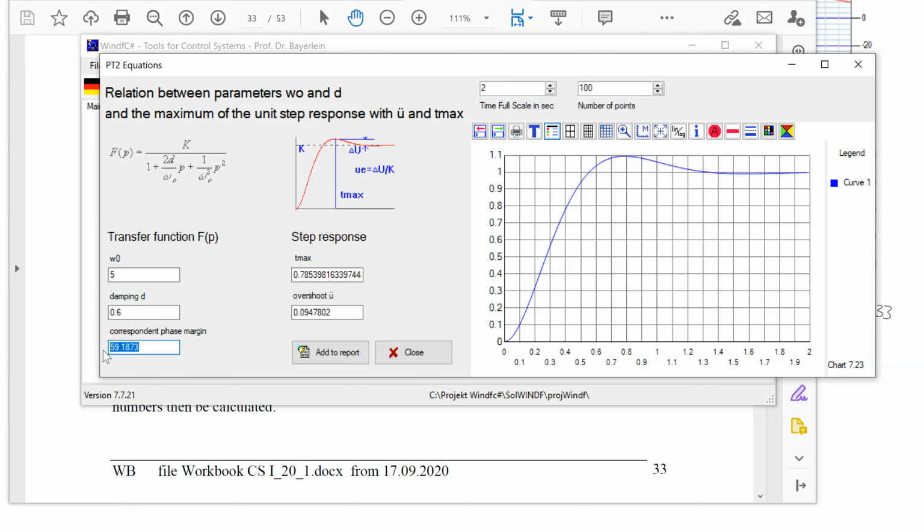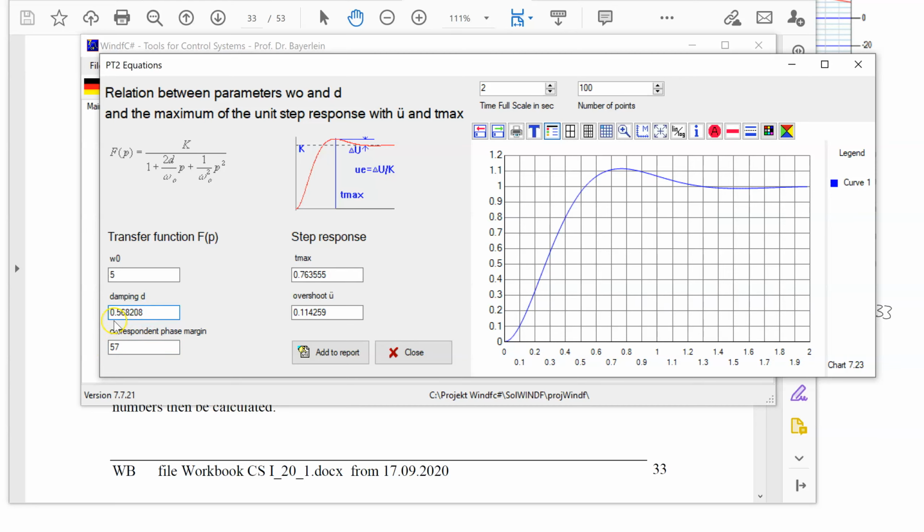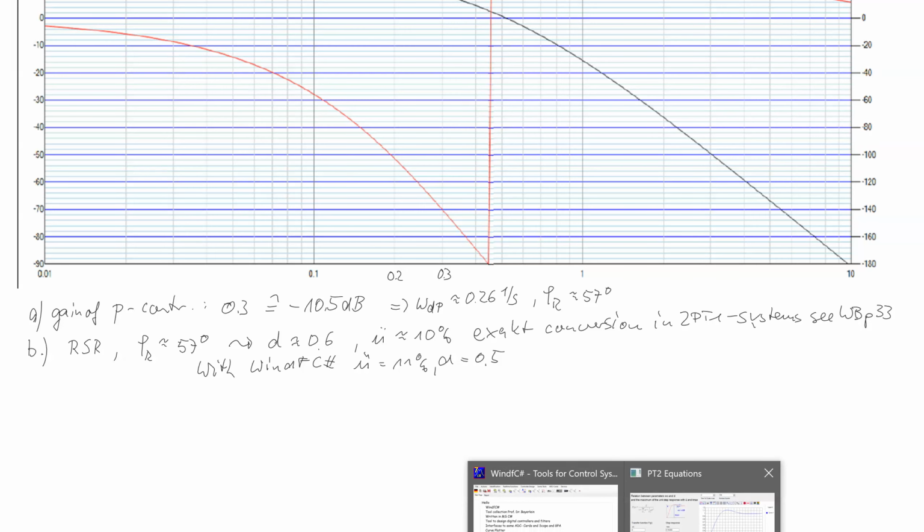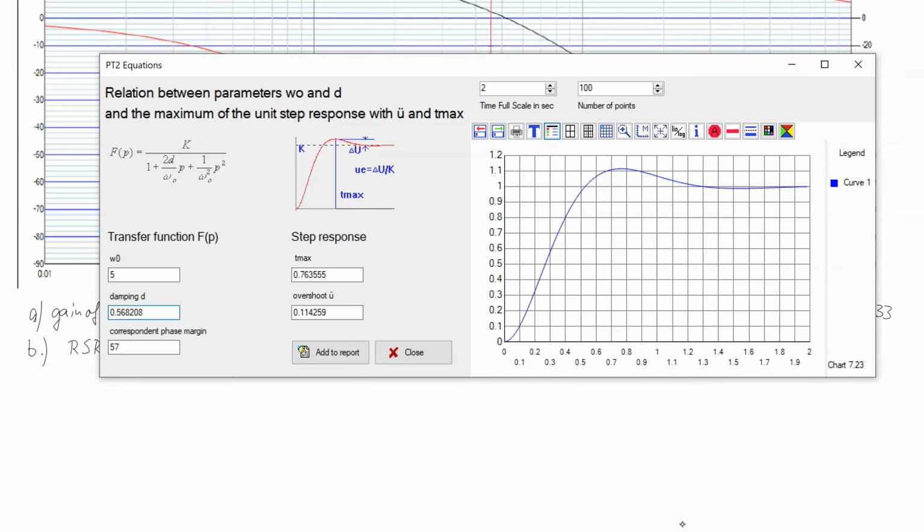If I select the phase margin value of 57 degrees here, then you can see the exact conversion is 11% here and 0.568 there.